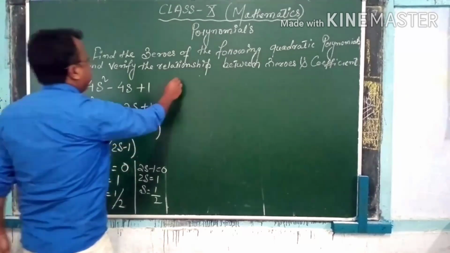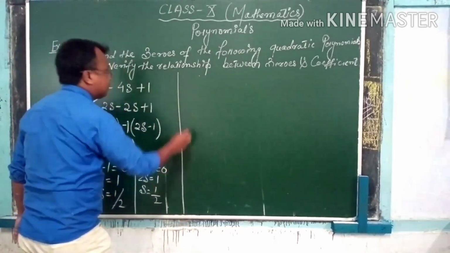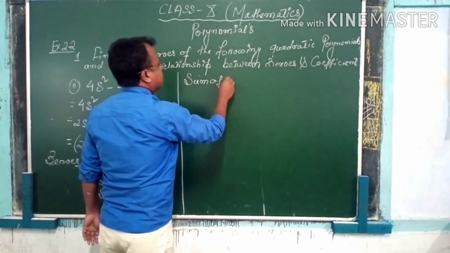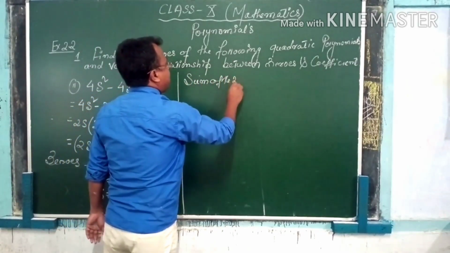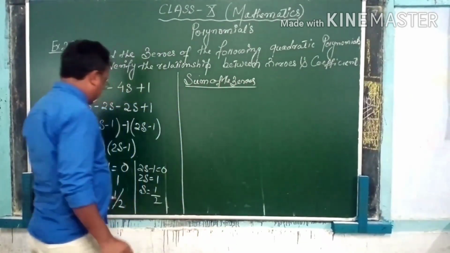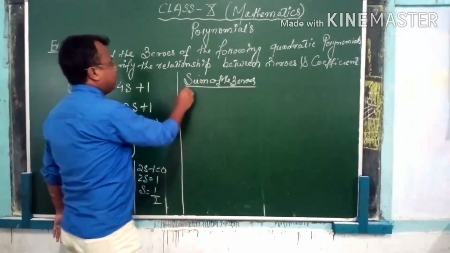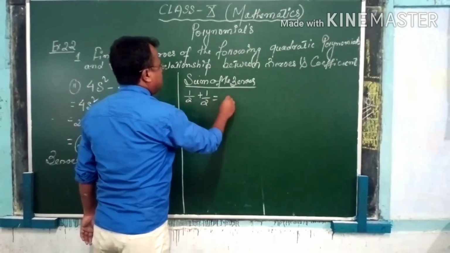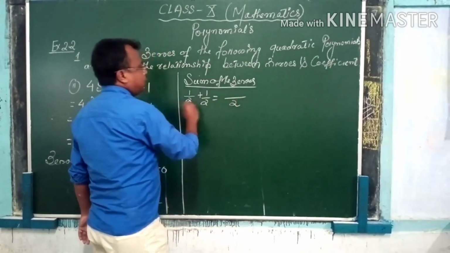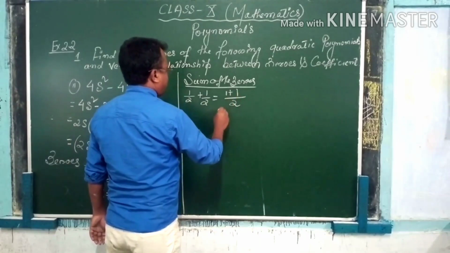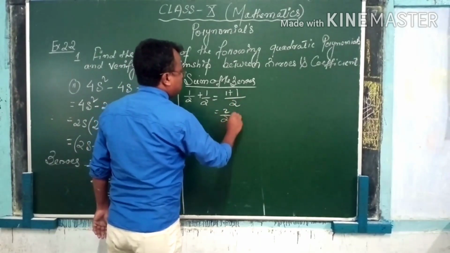Now let us find out the sum. The sum of the zeros is 1 by 2 plus 1 by 2, which is 1 plus 1, so 2 by 2, which is equal to 1.